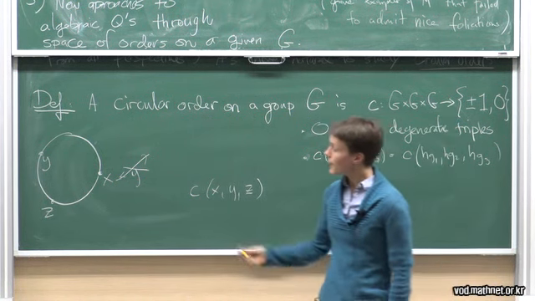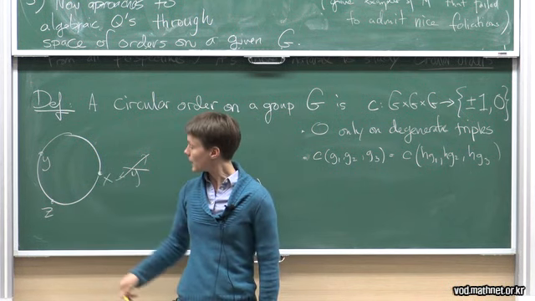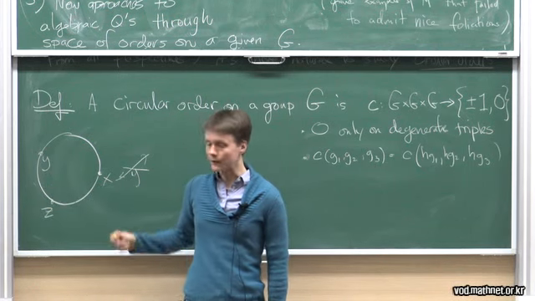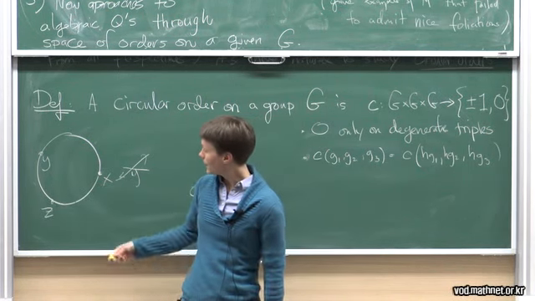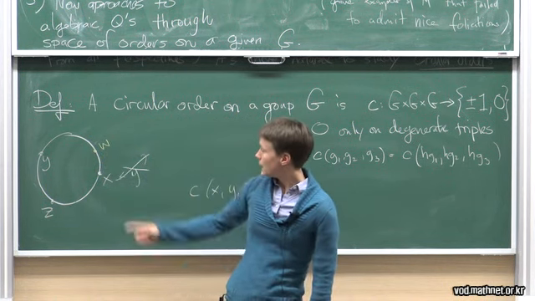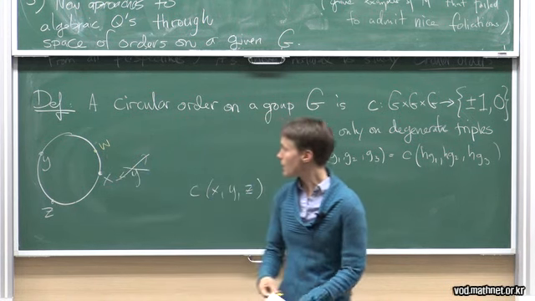If I want to place a fourth point that's distinct from all of these, I have exactly 3 options of where to place it combinatorially. So maybe I'm trying to put W here. So that would give me 3 options for an extra point.